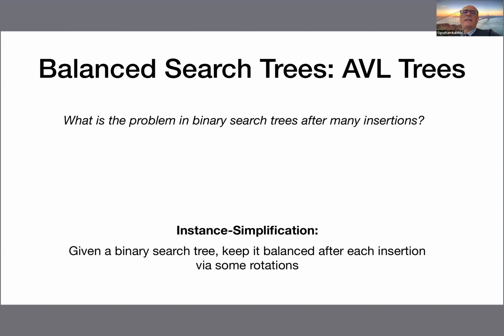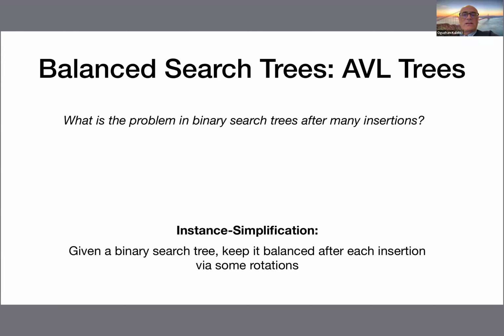To overcome the balance problem in binary search trees, we will make an instance simplification. Still, I will have this binary search tree, and I will have the insertions and deletions as usual. But when I have a special case, I will do some more processing to keep my tree balanced.